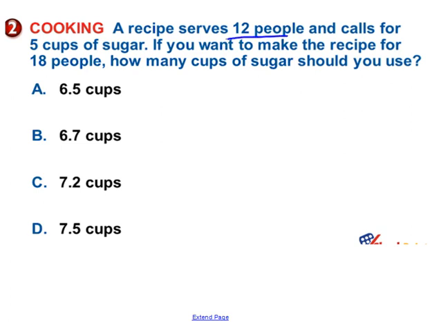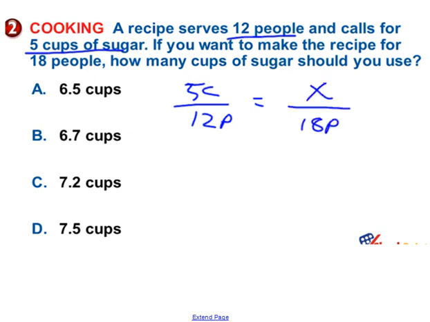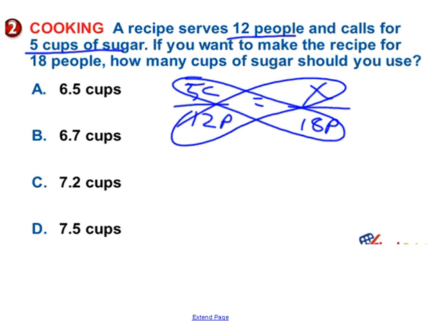This recipe serves 12 people, and calls for 5 cups of sugar. So 5 cups of sugar serves 12 people. If you want to make the recipe for 18 people, how many cups do I need? I'm going to cross multiply here. I get 5 times 18 is equal to 12 times my unknown x. 5 times 18 is 90.